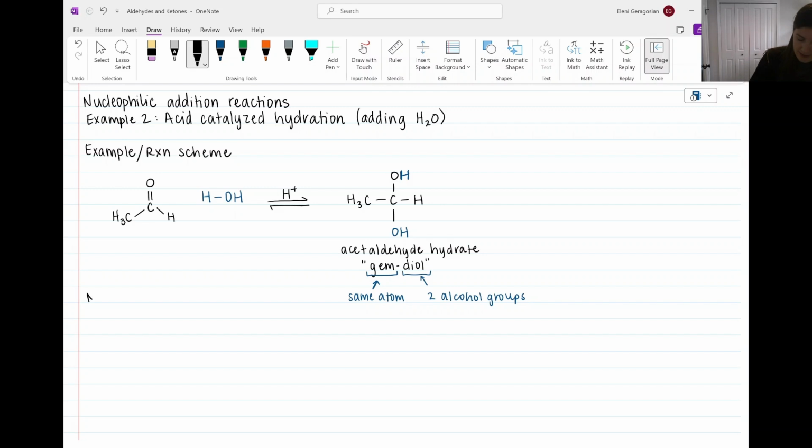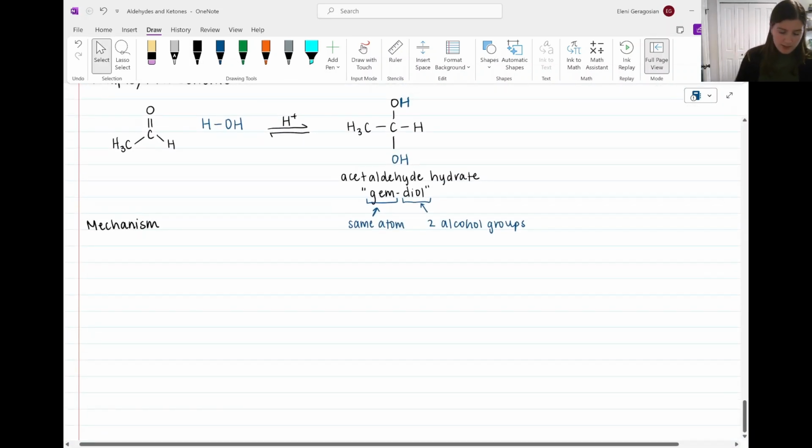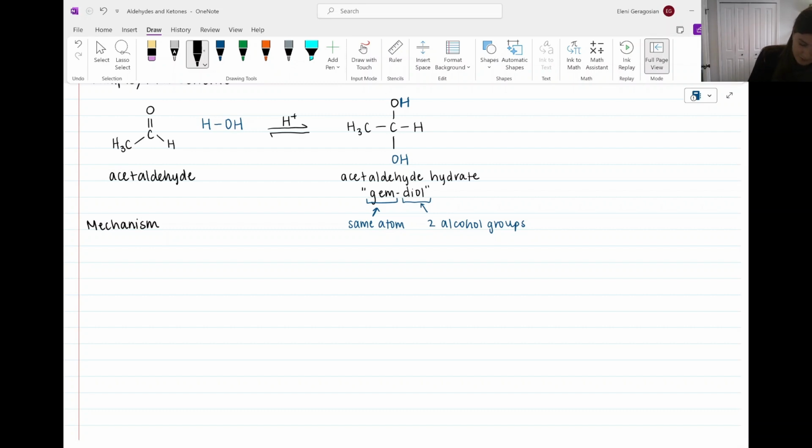Let's go through the mechanism to understand what's happening here. So we'll start with acetaldehyde. Now, if we have water in solution with an acid, the acid will protonate the water molecule.